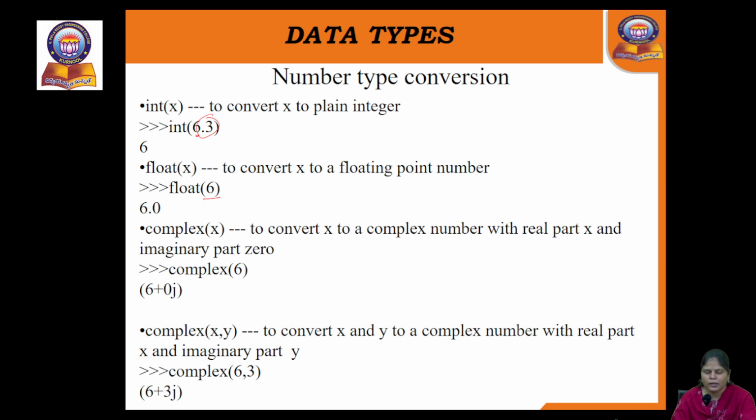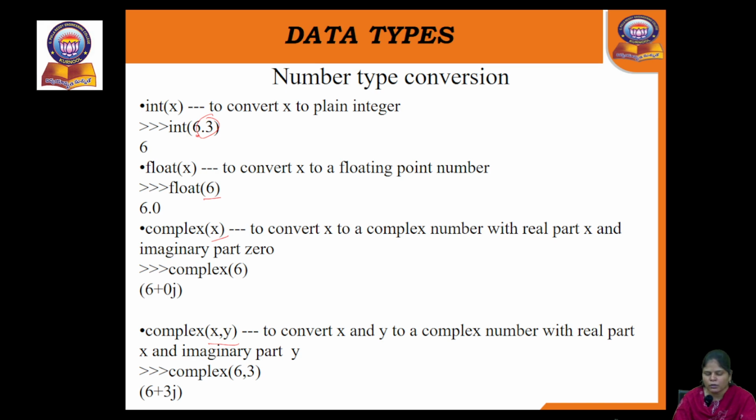Next we have the function called complex, complex of x comma y. It can take either one parameter or two parameters. If it takes only one parameter, that is considered the real part, and there is no imaginary part.